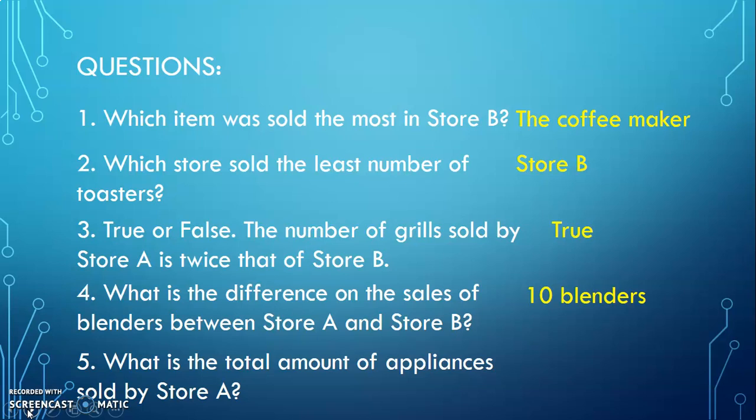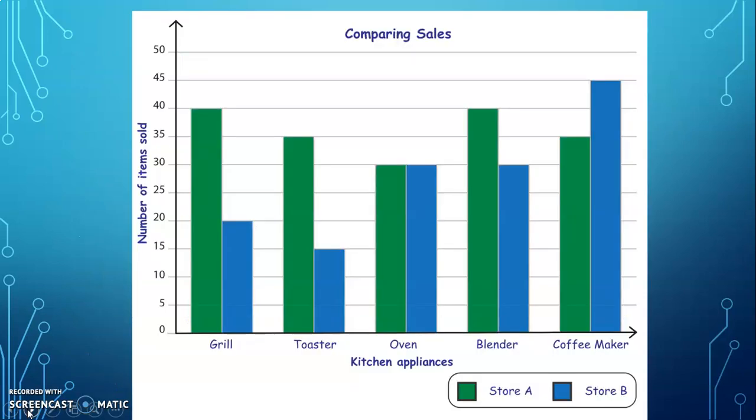Okay, last question. What is the total amount of appliances sold by store A? So total amount is like sum. So we are adding all of our appliances sold by store A. So we go back to our graph. We make sure that we know that it is column A we are looking for, which is the green columns. And then we just go across and we add them all. So we go to grill first. It's 40.